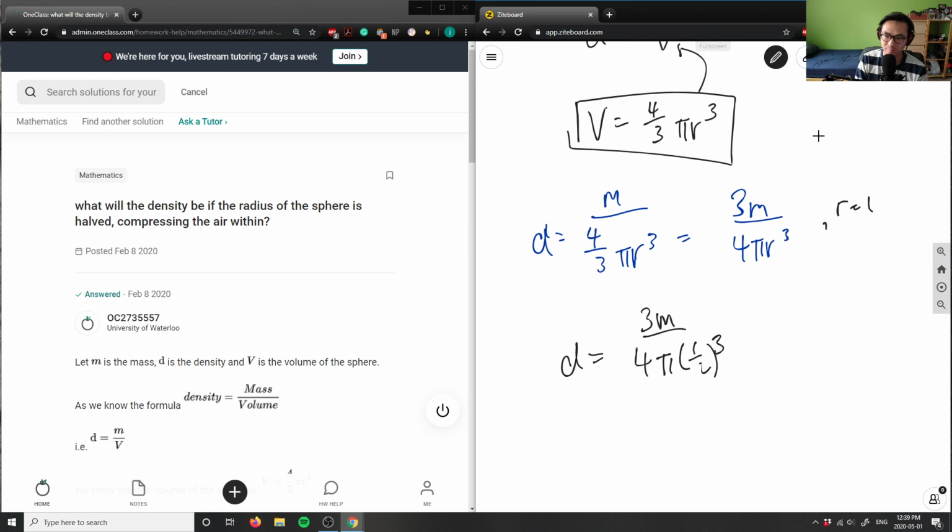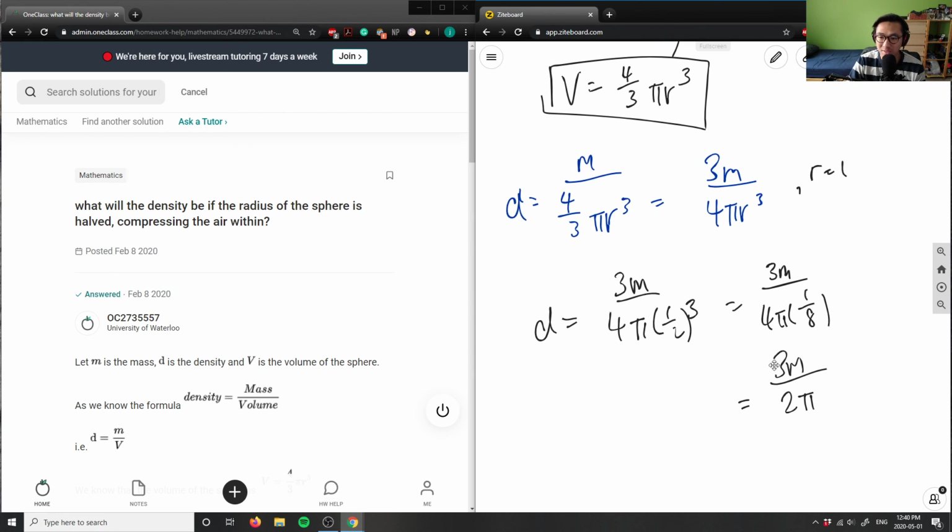So this would equal 3m over 4 pi, and then the half cubed would be 1/8. And this would equal 3m over 4 pi times 1/8, simply 2 pi, right? So this would happen to the density if it was halved.